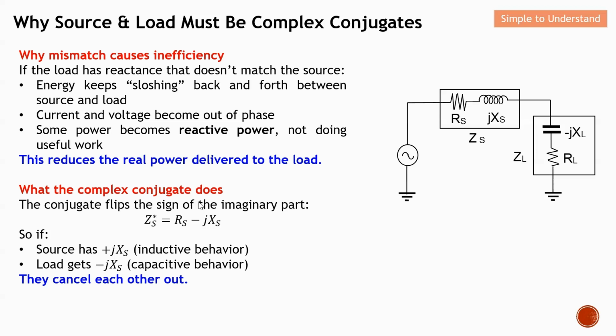Next, what does the complex conjugate actually do? In short, what is a complex conjugate? For example, over here, this is the complex conjugate of the source. The imaginary part will be the reverse of the source. Keep this in mind. For the source, since it is an inductor, it has a positive reactance portion. And for a capacitor, in fact, it will have a negative reactance portion. With this, you can imagine that they will cancel each other.